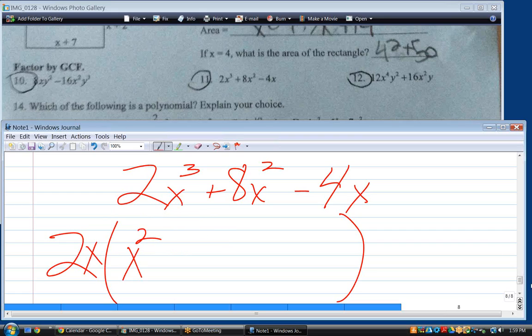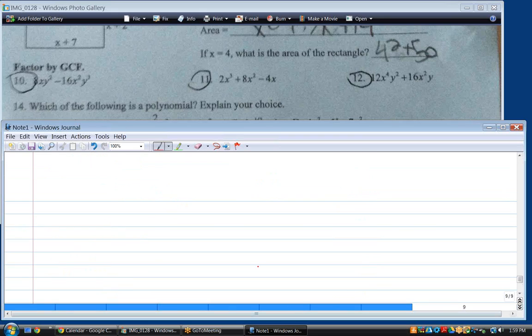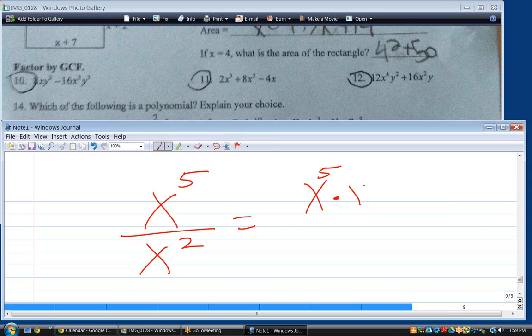Let's review that. Hold on. If I have x to the 5th divided by x to the 2nd, what does that equal? Would be x to the 3rd? Yeah, you subtract exponents. In other words, when I'm multiplying, same base, different exponents, I add the exponents.